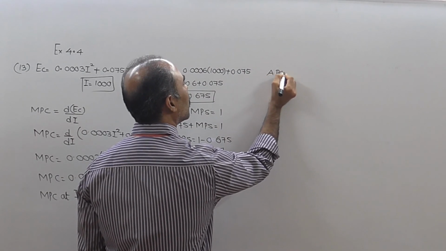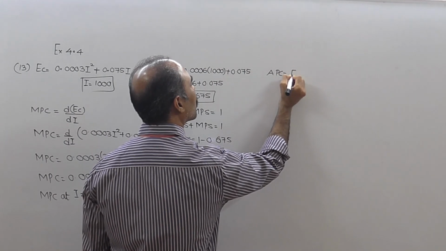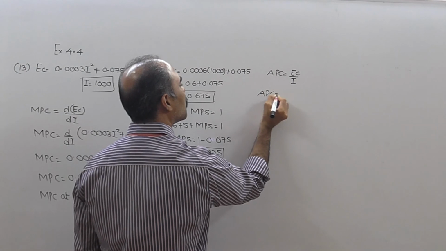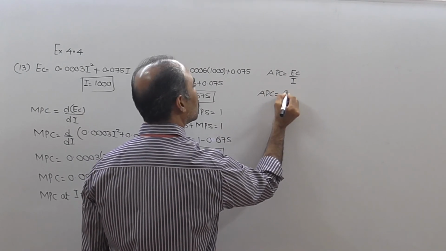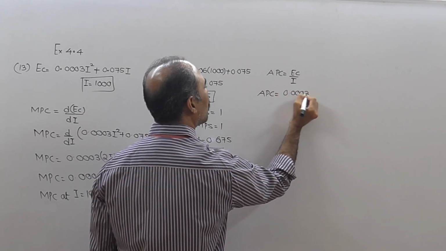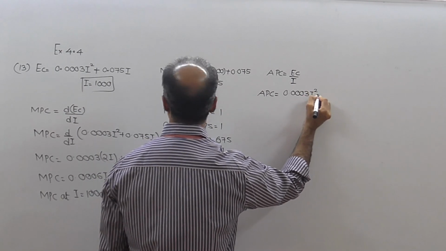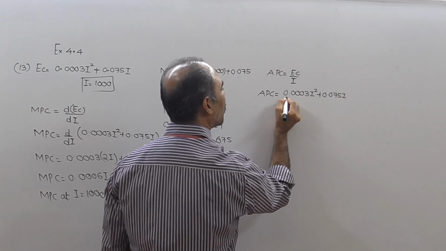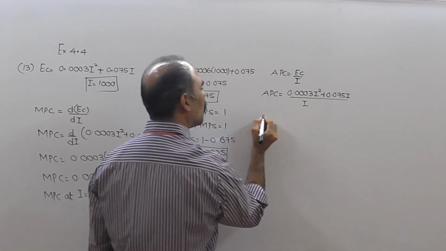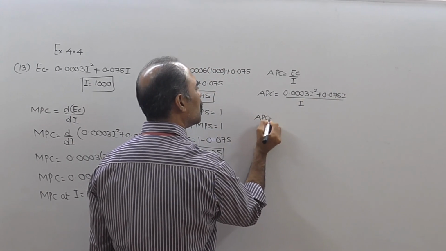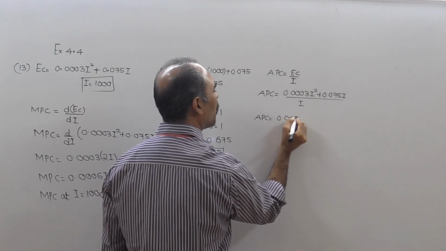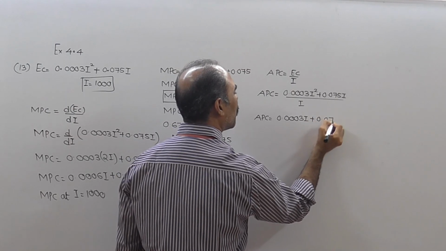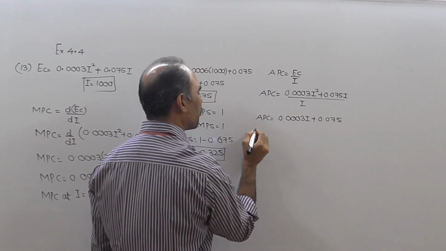Next, APC is the average propensity to consume, which is equal to EC upon I. So APC will be, what is EC? 0.0003 I square plus 0.075 I, the whole upon I. So we will have APC equal to 0.0003 into I plus 0.075.